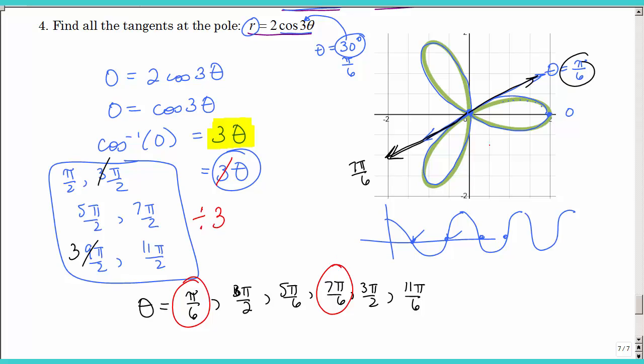Okay. Then, when else does it go through the pole? Well, it looks like we have pi over 2 and 3 pi over 2, which is right there. And then 5 pi over 6 is when it's coming around, and it goes to the pole right there.